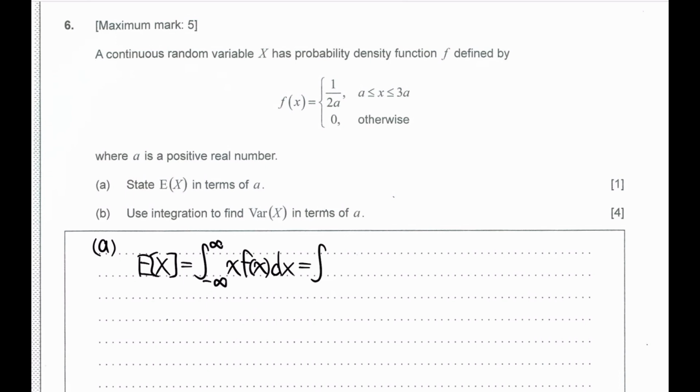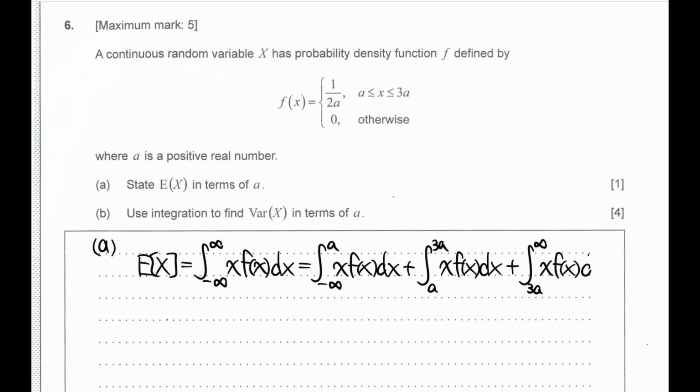The first part is the integral from negative infinity to a of x times f of x dx, plus the second integral, which is the integral from a to 3a of x f of x dx, and then add the last integral, which is the integral from 3a to positive infinity of x times f of x dx.